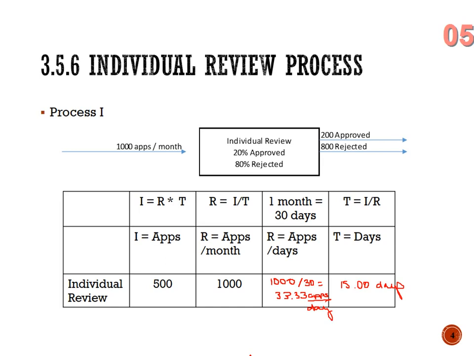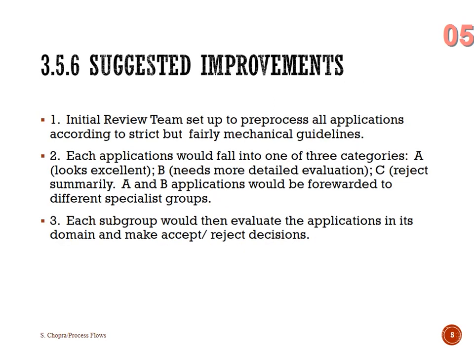A, it looks excellent. B, it needs more detailed evaluation. C, we're going to reject it summarily. A and B applications would be forwarded to a different specialist group, and each subgroup would then evaluate the application in its domain and make accept, reject decisions.